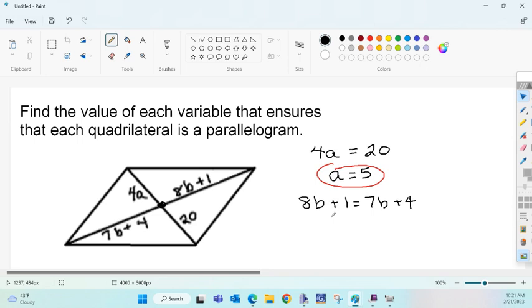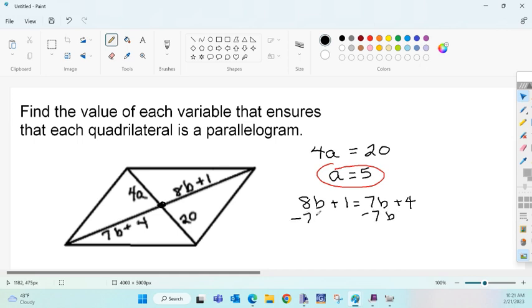So let's think it through. You can subtract 1 from 4, yes, but let's do the variables first. Add or subtract 7b from both sides.